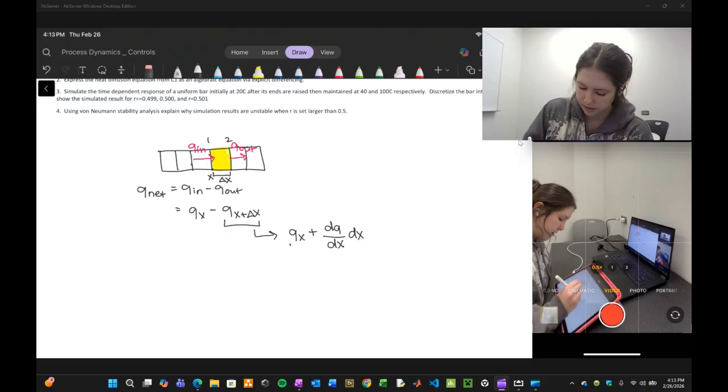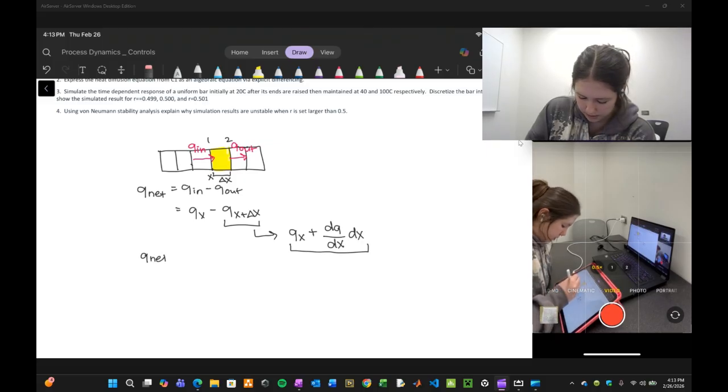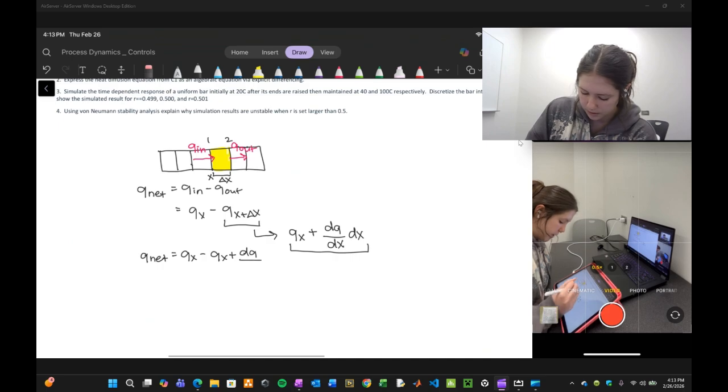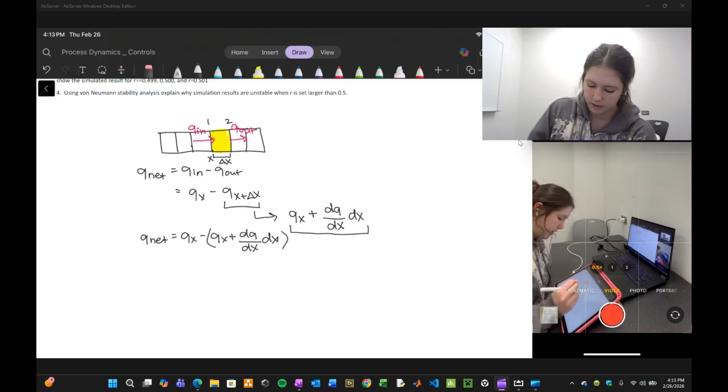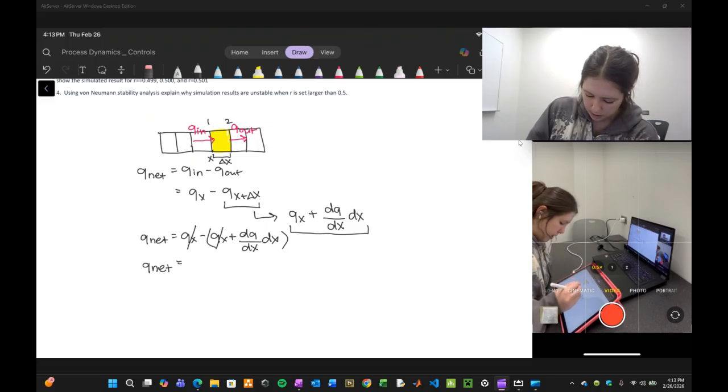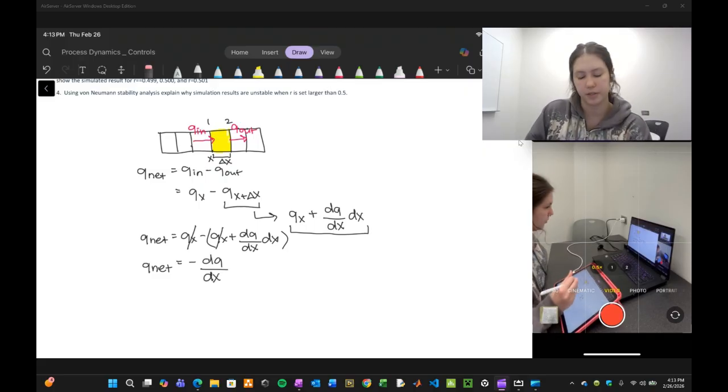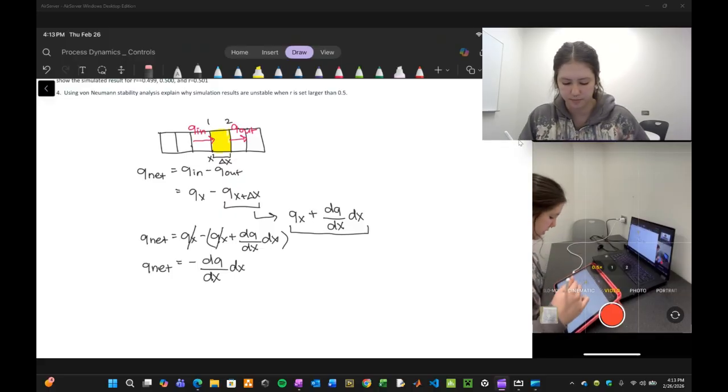So if we sub this in for that part of the equation, we get Q net equals Qx minus Qx plus the change in the flow rate with respect to position times that change in position. And if you notice here, these two terms cancel. So we are left with Q net equals the negative change in the flow rate with respect to the position times this change in position.